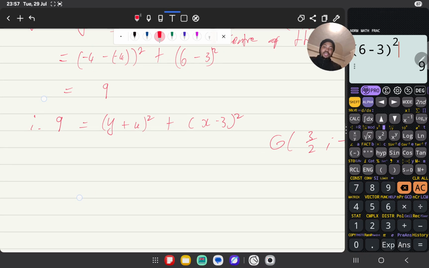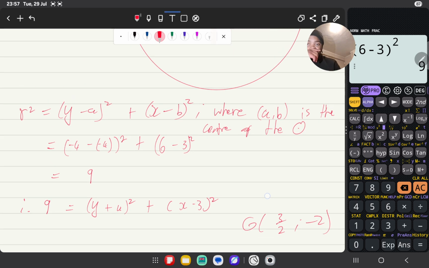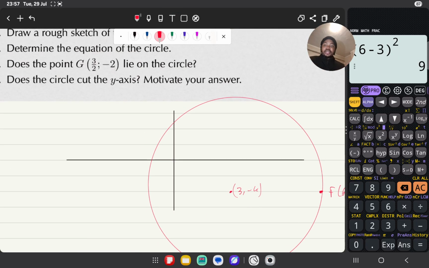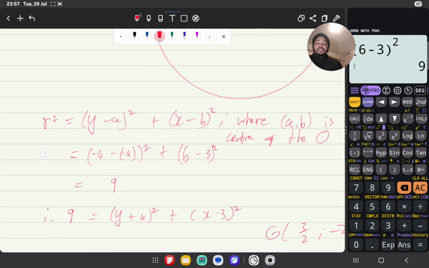They are asking if this point lies on the circle, so I'm going to substitute these two values for x and for y. If I don't get 9, I know they don't lie on my circle. They don't say in the circle, they say on.